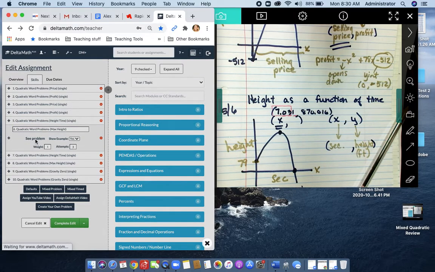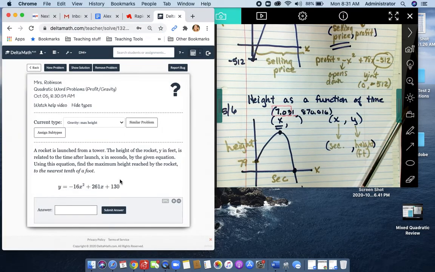So number 6, similar concept. It says a rocket is launched from a tower. The height of the rocket, y in feet, same as before, is related to the time after launch, x in seconds, by the given equation. Using this equation, find the max height reached by the rocket to the nearest tenth of a foot. So this time, tenth of a foot.